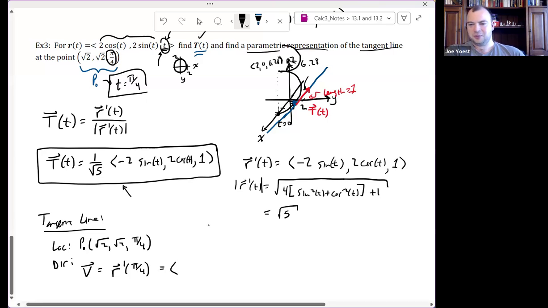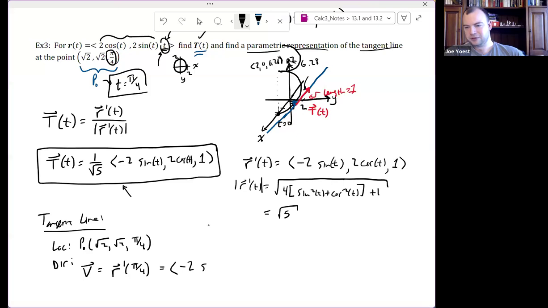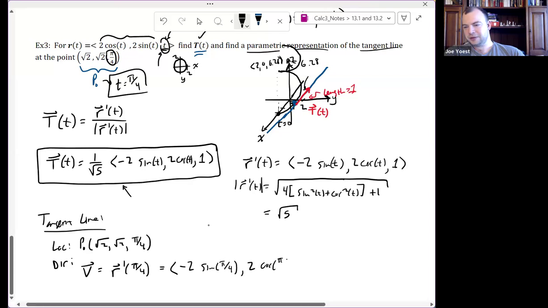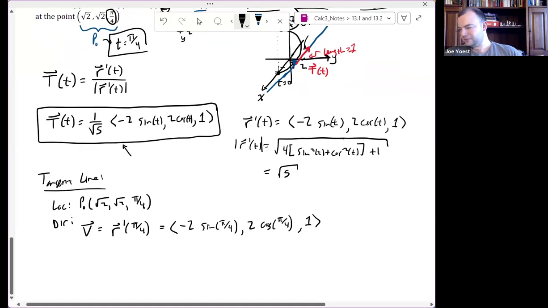And that's going to give me what? -2 sine pi over 4, 2 cos pi over 4, comma 1. Or this is going to give me -2 root 2 over 2, 2 root 2 over 2, 1.